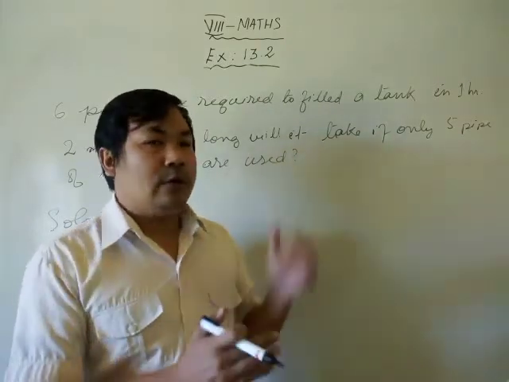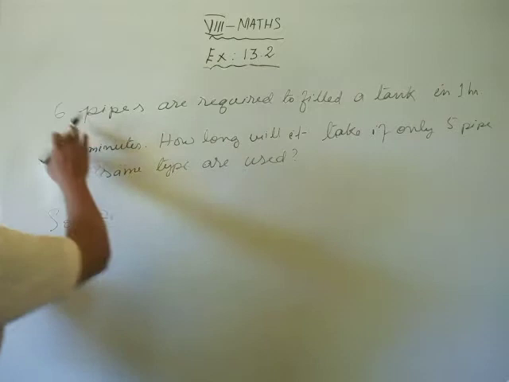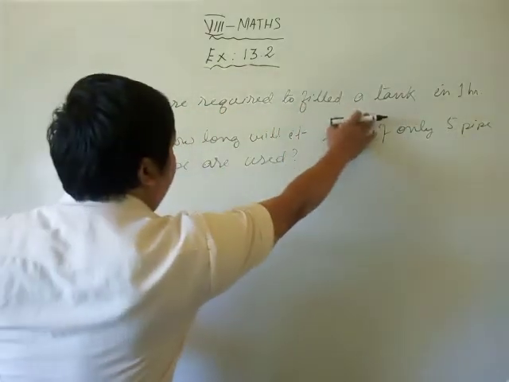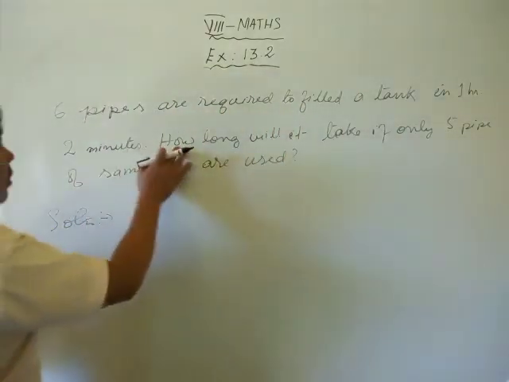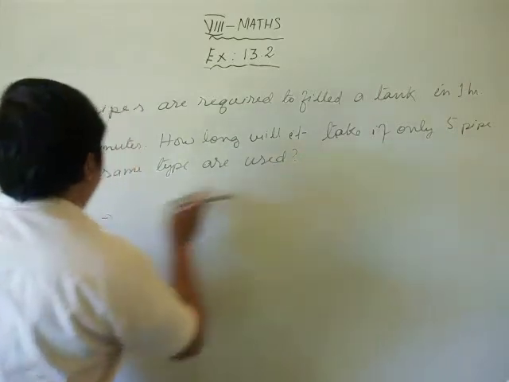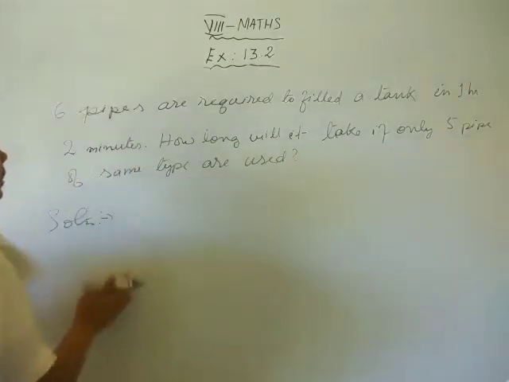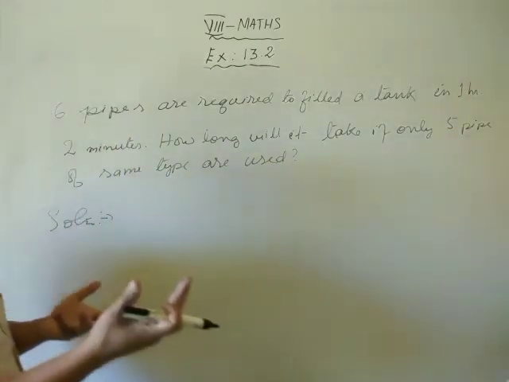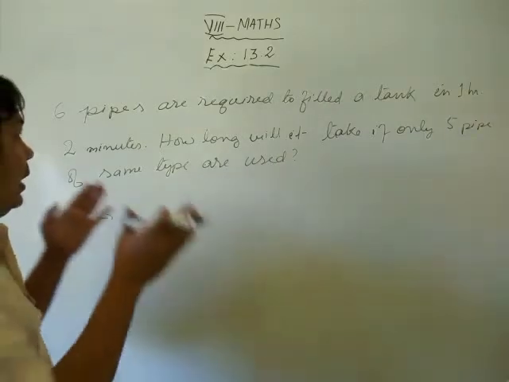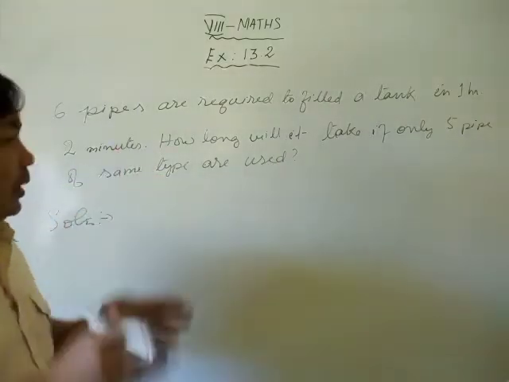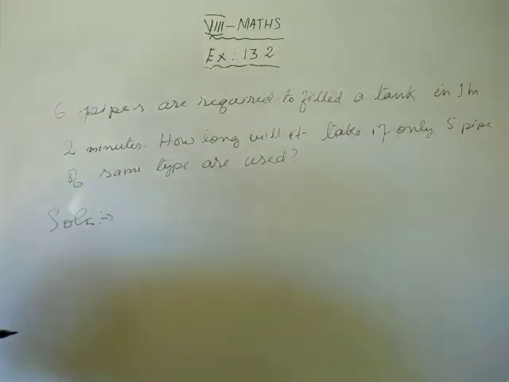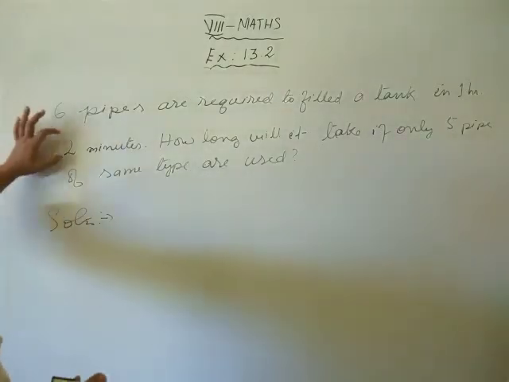Like this, we have one situation here. That is, 6 pipes are required to fill the tank in 1 hour 20 minutes. So how long will it take if only 5 pipes of the same type are used? See, 6 pipes were used before, isn't it? And it takes 1 hour 20 minutes.